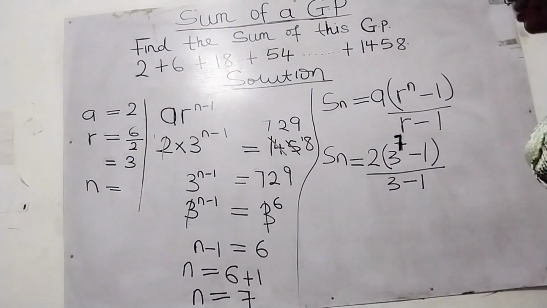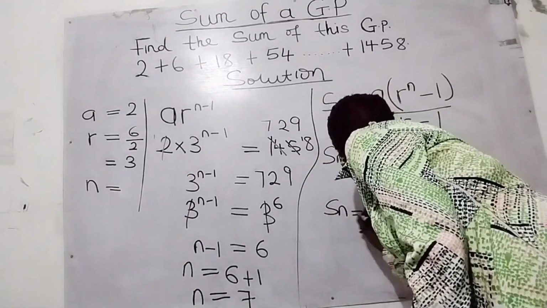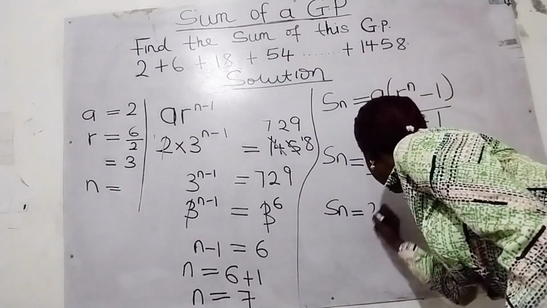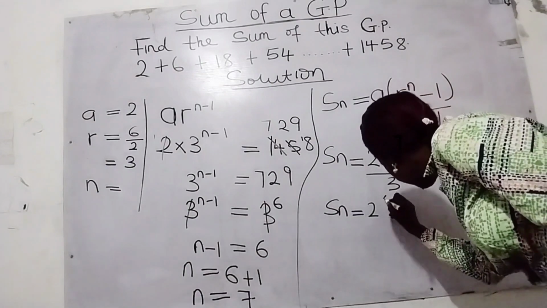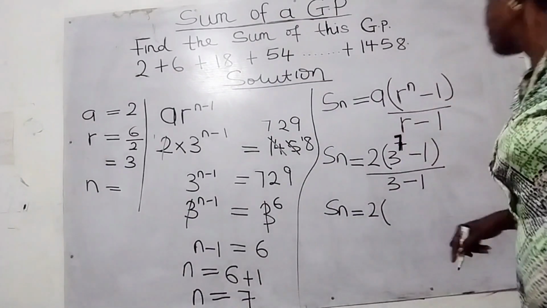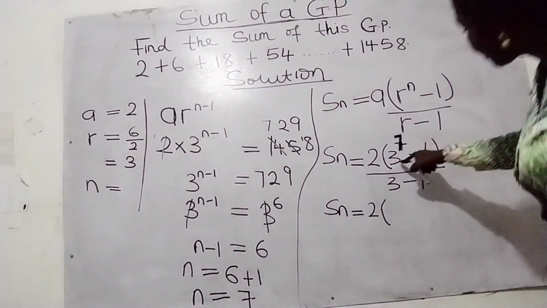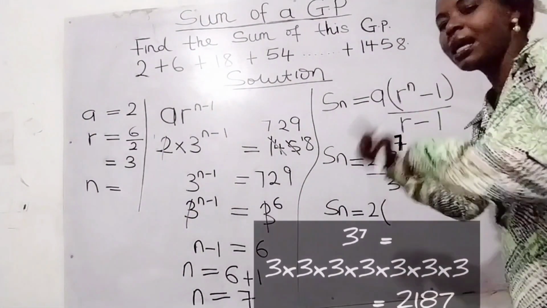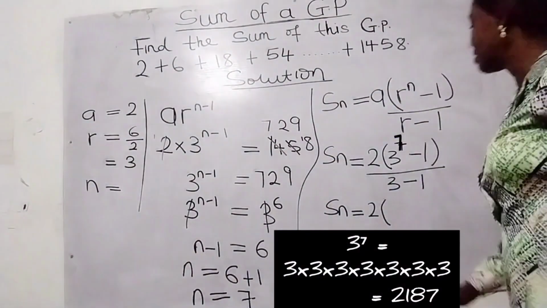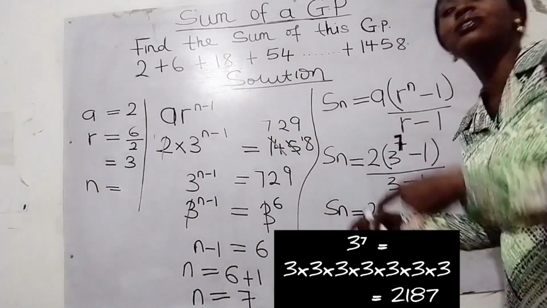We continue. What do we do again? We evaluate. So write down Sn, put the equals to. Put the 2 first. Now open this bracket again. Now we evaluate. We start with this. We say 3 raised to the power 7. You know what it means? It means 3 times 3 times 3 until 7 times.